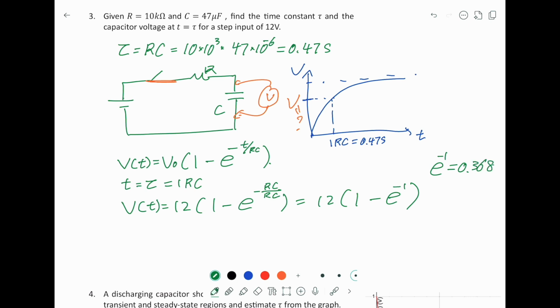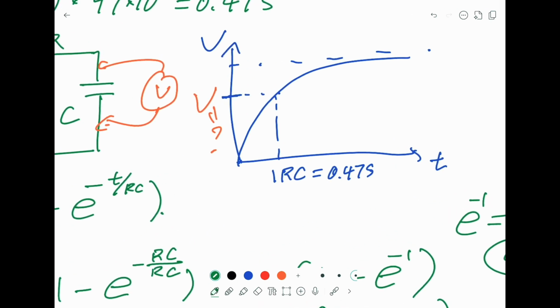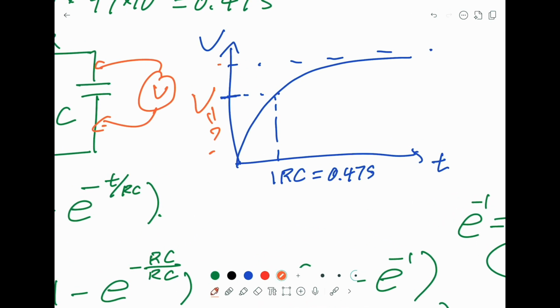Sometimes you can just use 0.37, it's good enough. So 1 minus 0.37, roughly 0.63, times 12.